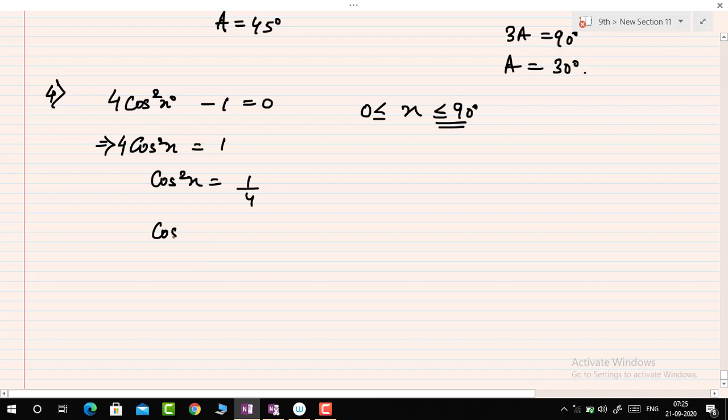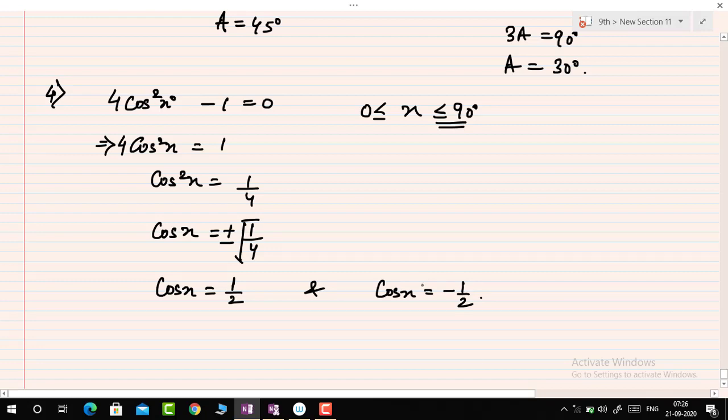Taking the root on both sides, we get plus or minus under root 1 upon 4, so it results in cos x equals 1 by 2 and cos x equals minus 1 by 2.